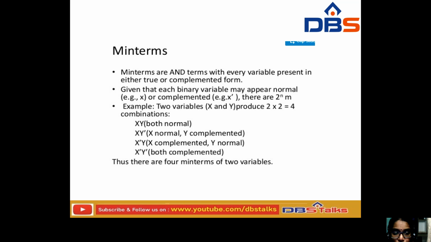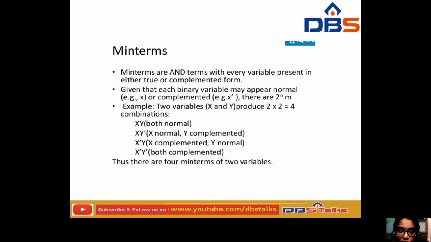Suppose it is a 2 variable function, then we can write 2 power 2, which means 4. So the maximum number of possible combinations that we'll get is xy, x into y dash, x dash y, and x dash y dash.